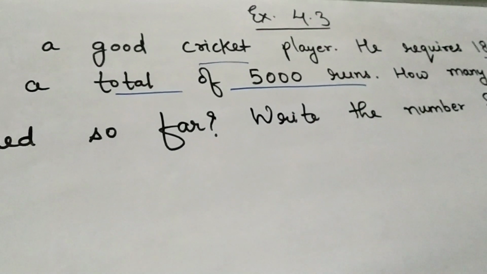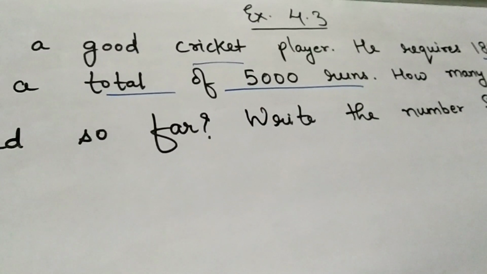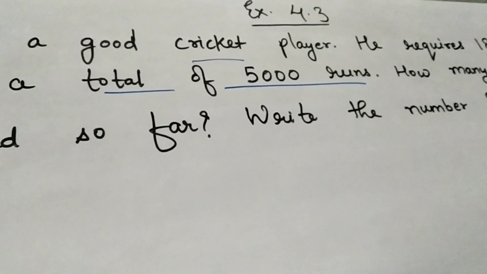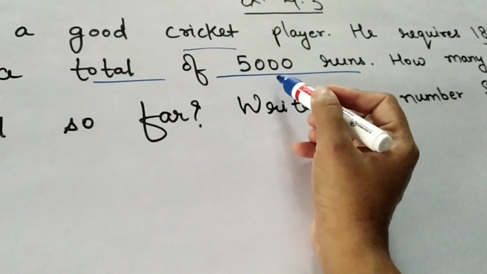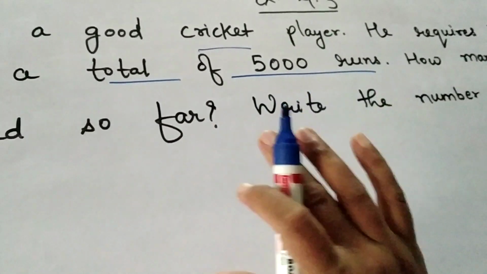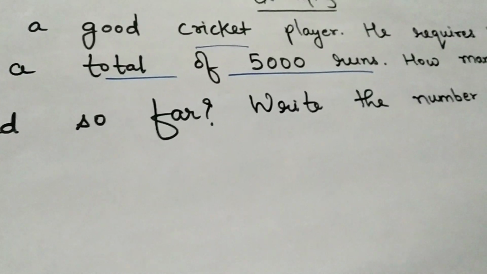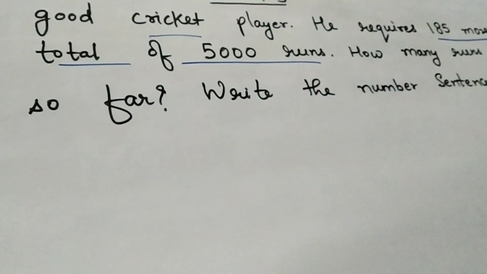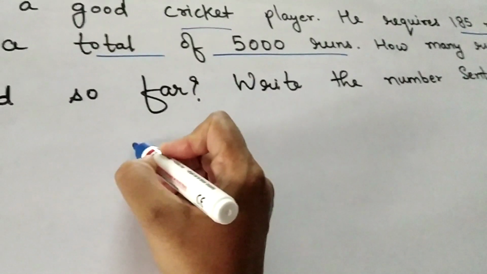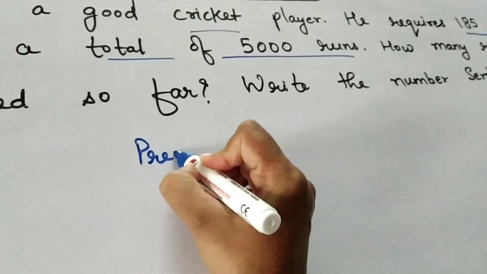Means if he scores 185 more on his previous score, his total score will become 5000. It's not 5000 now. If he scores 185 more, then it will become 5000 runs. Got it? So some previous score is there.